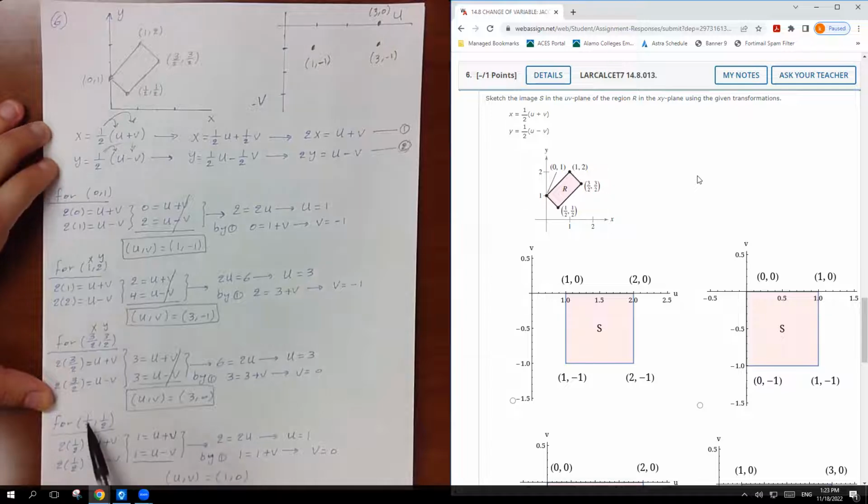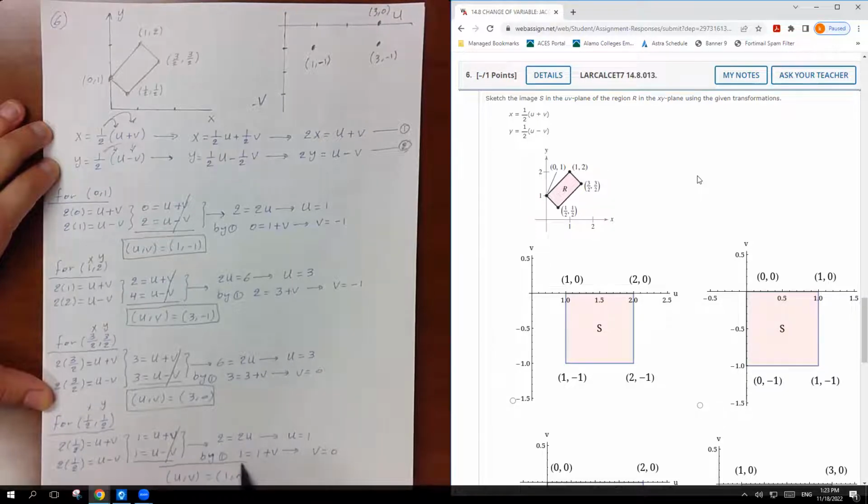The last point, half and half. This is x and here is y. So 2 times half equals u plus v and 2 times half equals u minus v. Cancel these, so it's going to be 1 equals u plus v, 1 equals u minus v. By elimination, 2 equals 2u, which means u equals 1. Plug 1 into the first equation, so 1 equals 1 plus v, which means v equals 0.